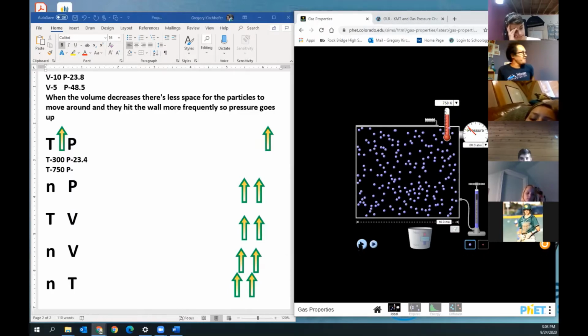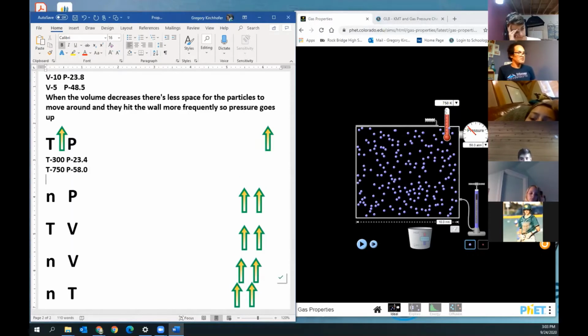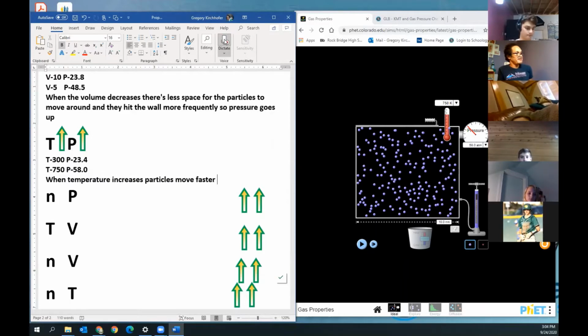So 58, that'll work. So excellent. Temperature up, pressure up. And the why was if the particles are moving faster, they're going to hit the wall more frequently. So when temperature increases, particles move faster and hit the wall more frequently, increasing pressure.